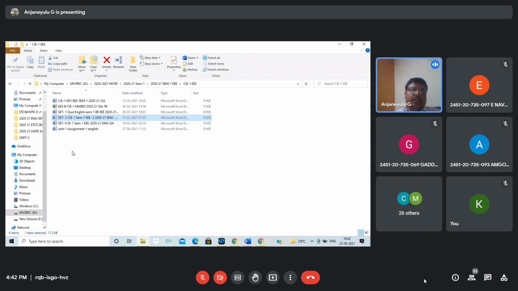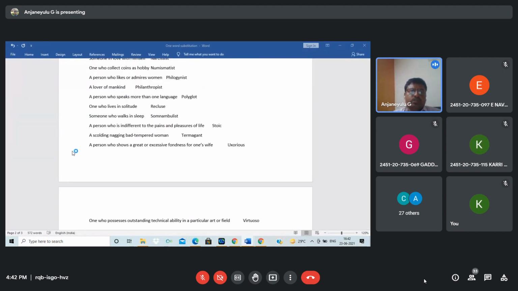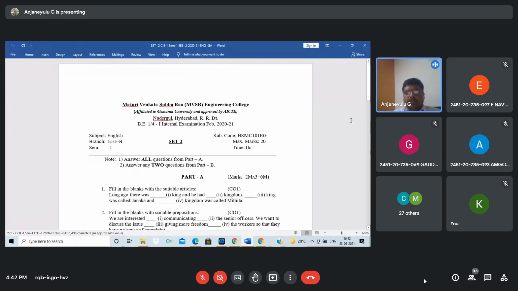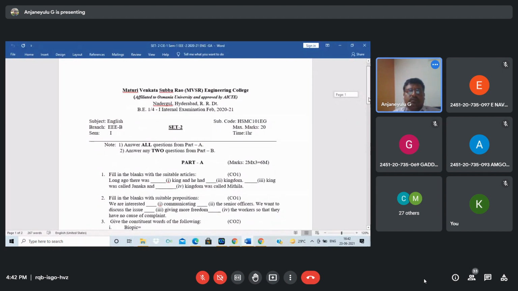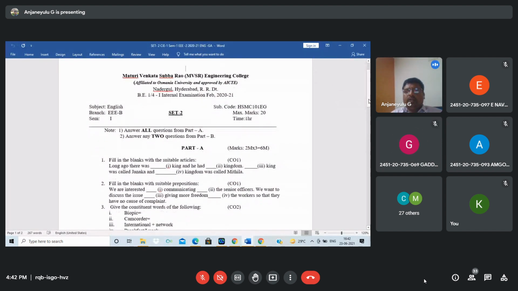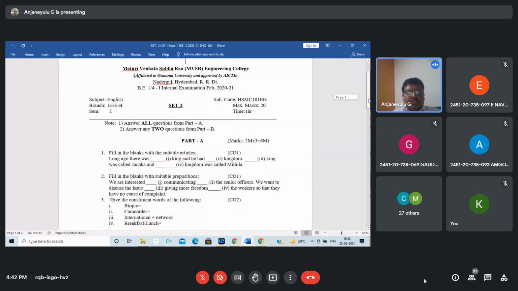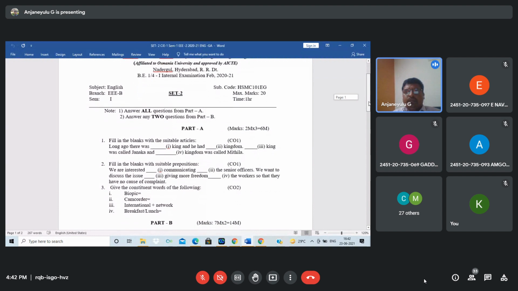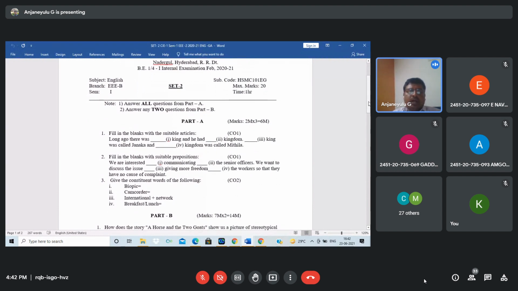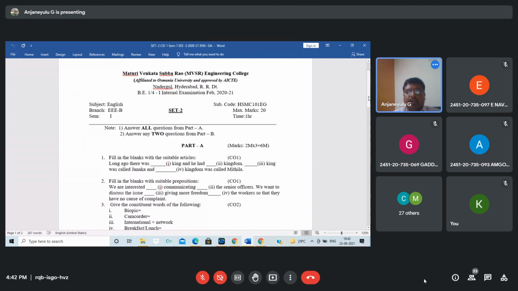There are first three questions. They ask each question 2 marks. Students, is the question paper visible? Yes, sir. So it was a previous question paper. For the first internal, you just see the topics and how we asked, but it is very simple. You don't worry about that much.